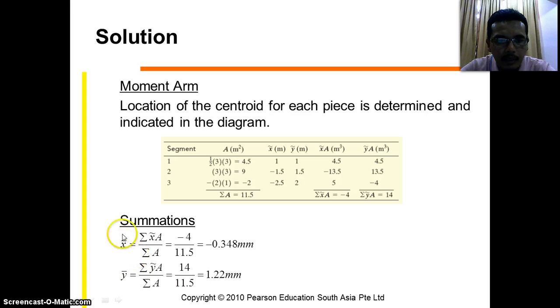Using the centroid equation, the summation of x bar A is negative 4, divided by the total summation of area, 11.5, so we get negative 0.348 mm. For the y bar, 14 divided by 11.5, we get 1.22 mm.